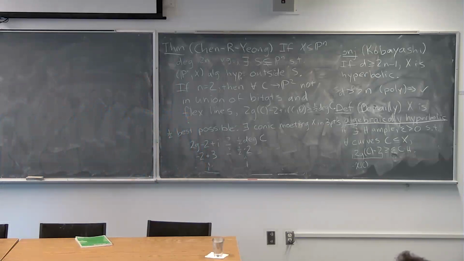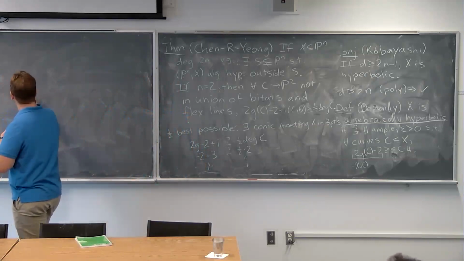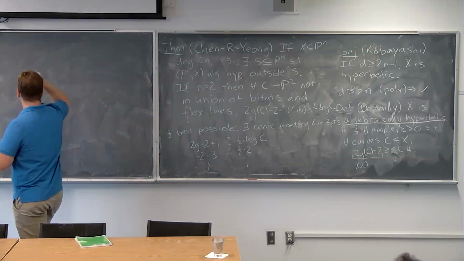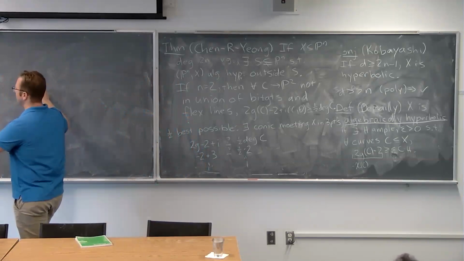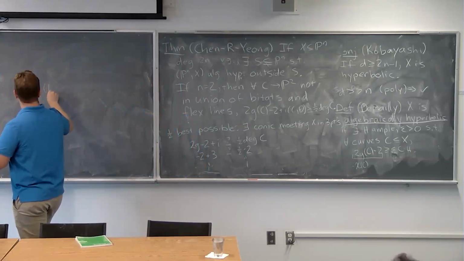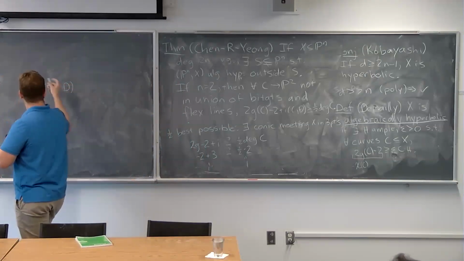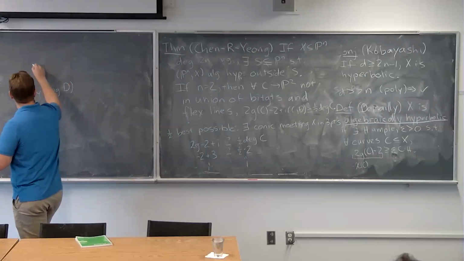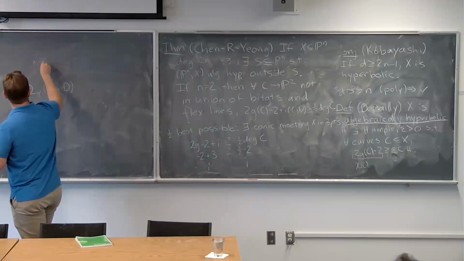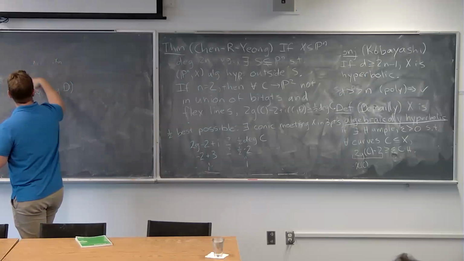It's called logarithmic, and it's for log derivative. It's for the cotangent bundle, so if you're taking O_Y of log D, suppose Y in a local patch has coordinates x1 up through xn. Then the sections of omega Y are generated by dx1 up through dxn.